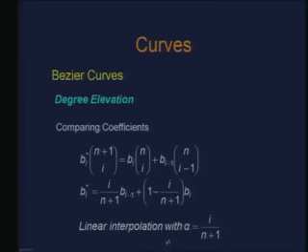So, if I use a parameter like alpha equals i over n plus 1, this is just a linear combination using the parameter alpha. So, just observe an example here.